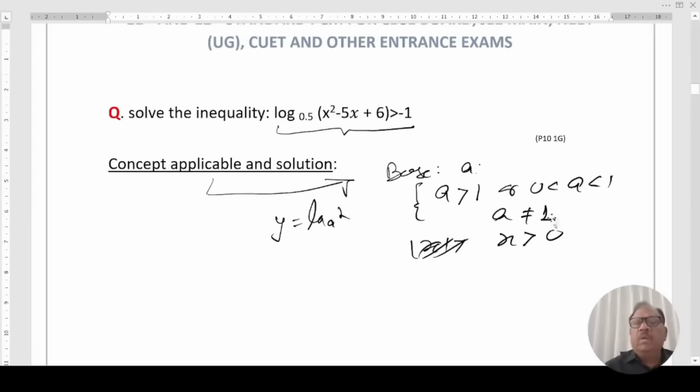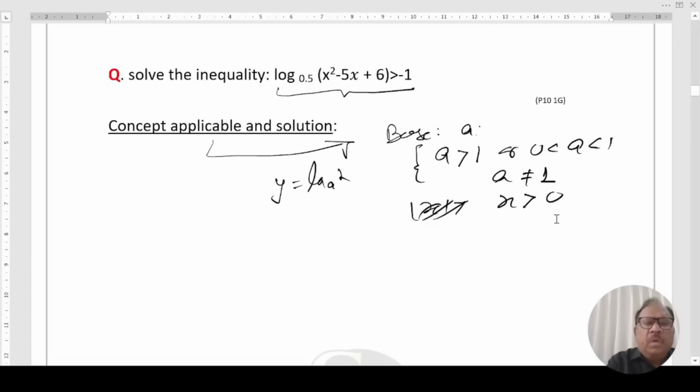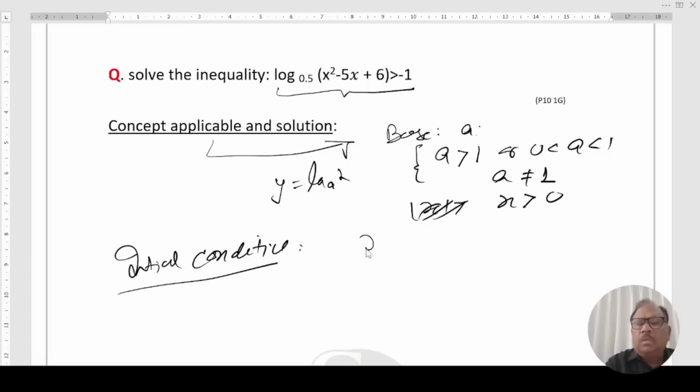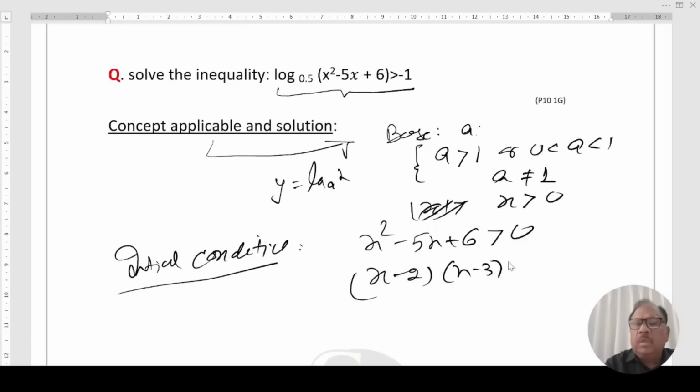Right? Now, first condition, initial condition: x square minus 5x plus 6 greater than 0. (x minus 2)(x minus 3) greater than 0.